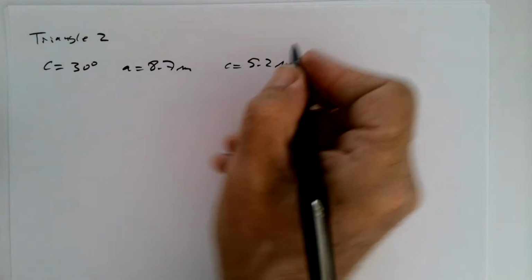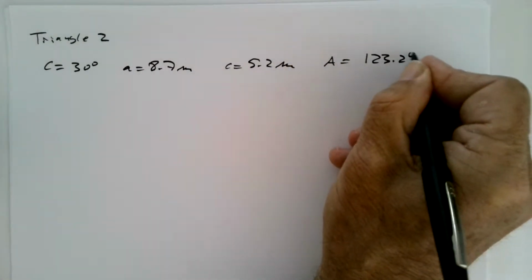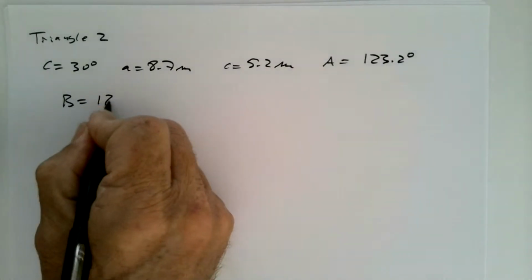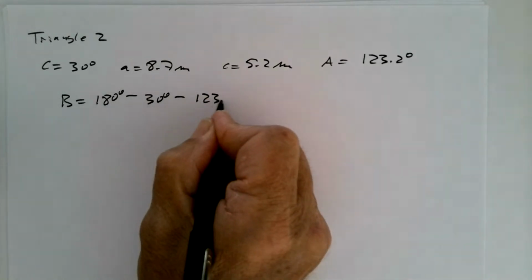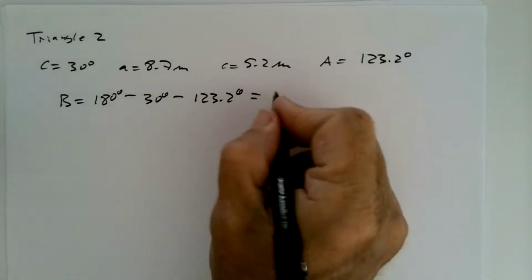and the other angle, angle A, was 123.2 degrees. So angle B will be 180 degrees minus 30 degrees minus 123.2 degrees. And what does that give me? 180 minus 30 minus 123.2 gives me 26.8 degrees.